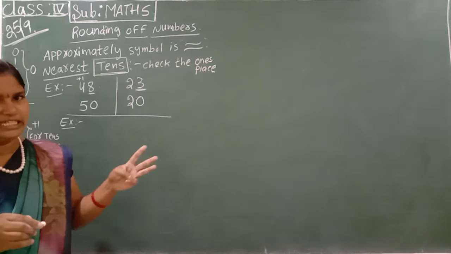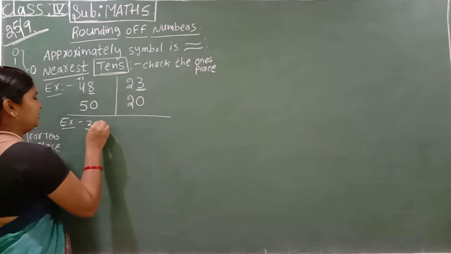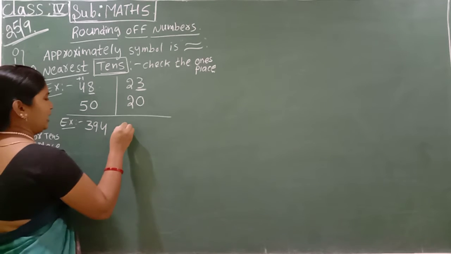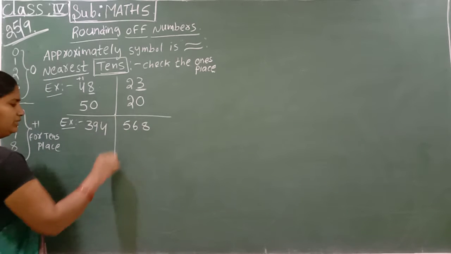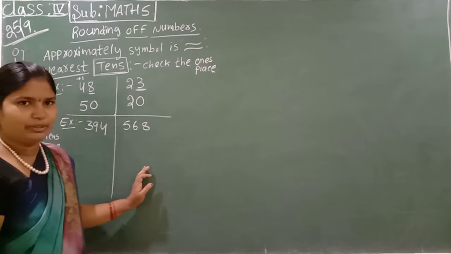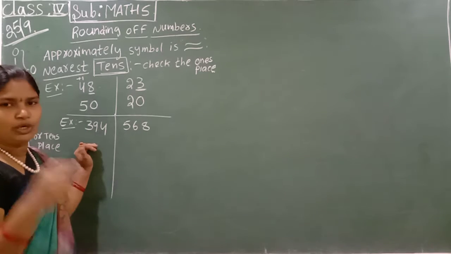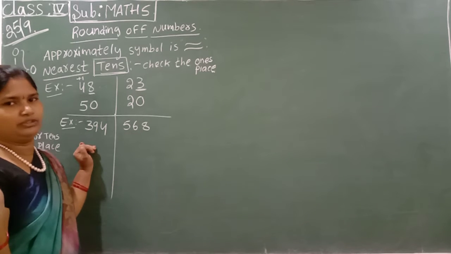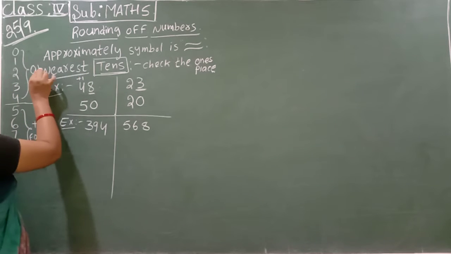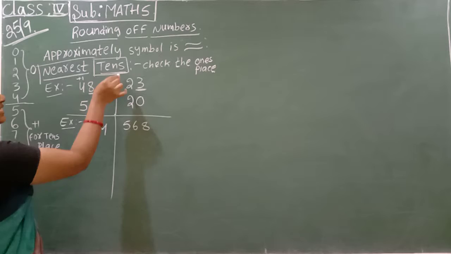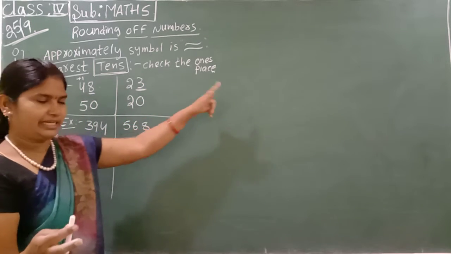Next example question. I took 3-digit numbers, for example 394 and 568. Whatever digits you take, first find the nearest tens. Nearest tens means first you have to check the ones place.